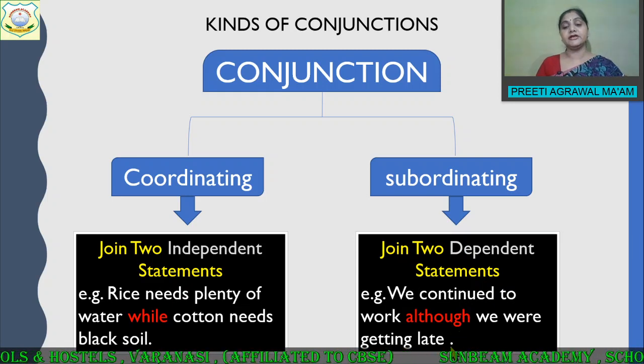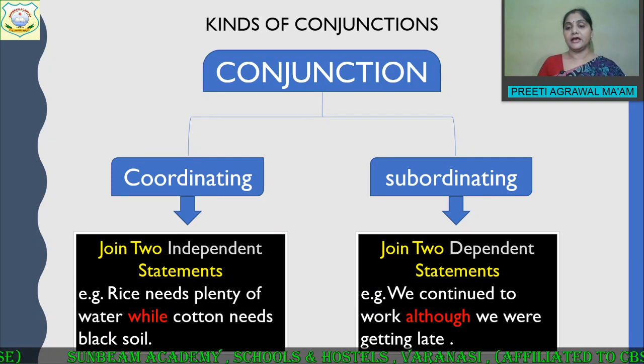Although we were getting late is not giving you full meaning, it is giving you an incomplete sense until you read the first sentence. There can be one dependent and one independent statement also in subordinating sentences, whenever you are using subordinating conjunctions. Clear?